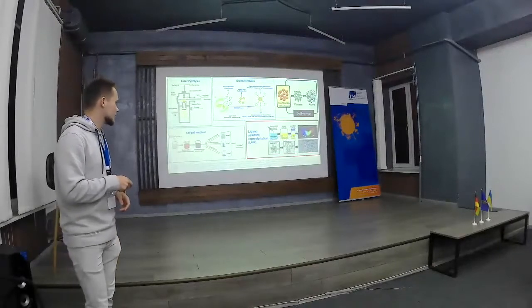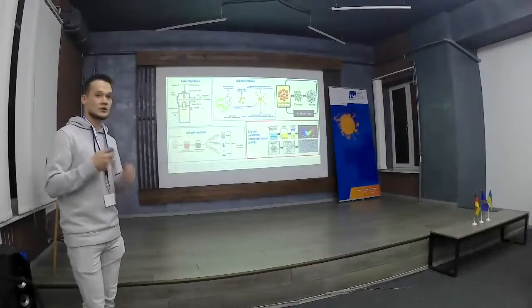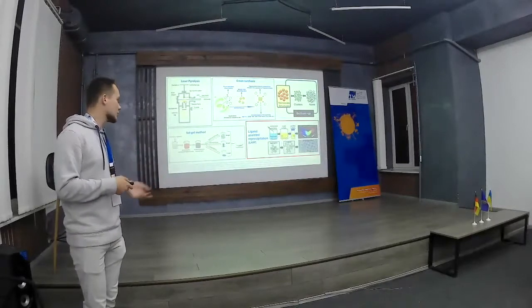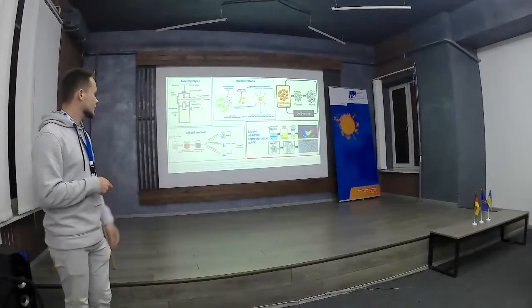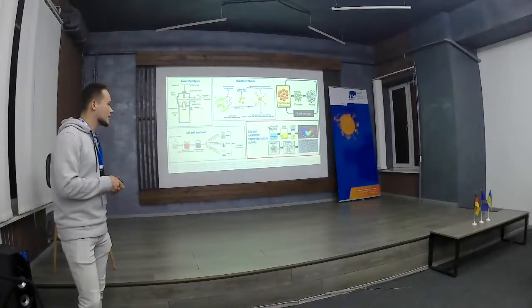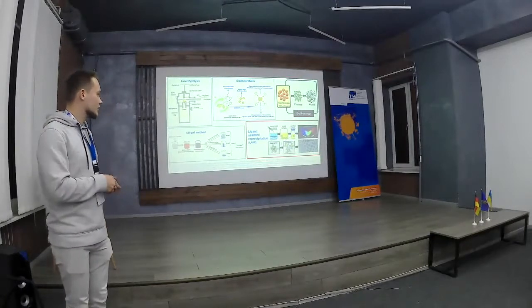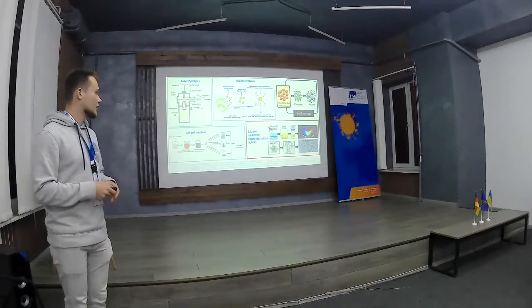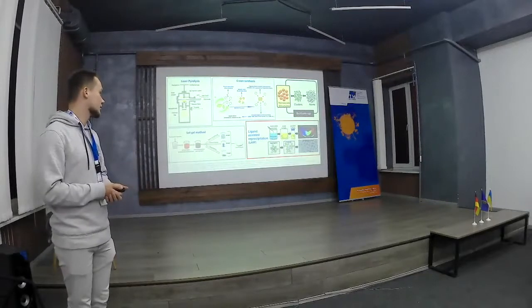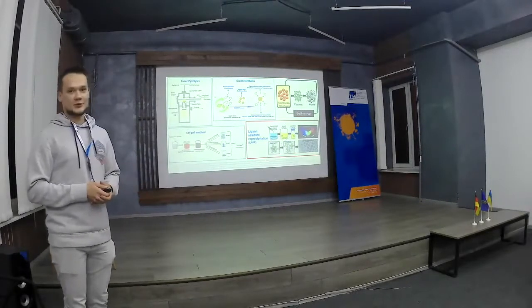On the slide you can see halide perovskites, which I research as luminophores. Here you can see that ligands capture our nanoparticles. We need this because without these ligands, our nanoparticles will dissolve in our solvents. So, thank you for your attention.